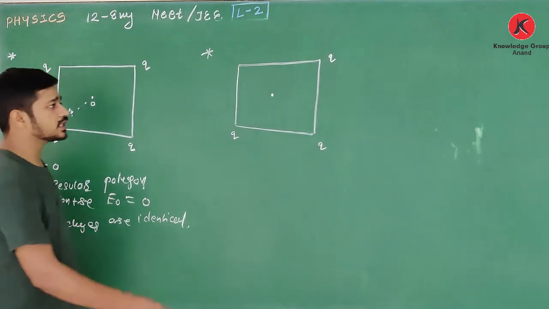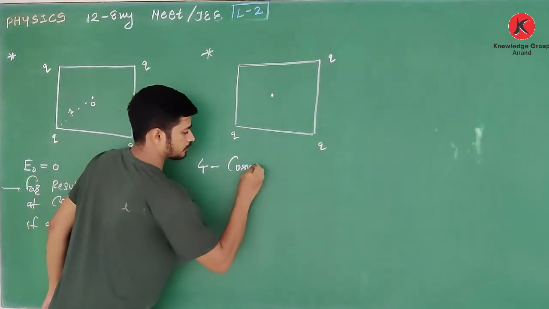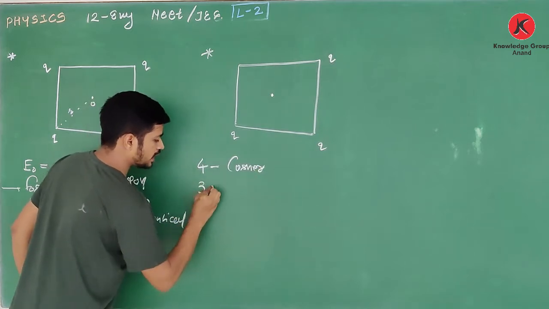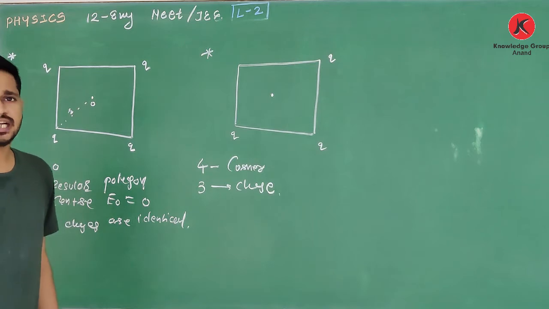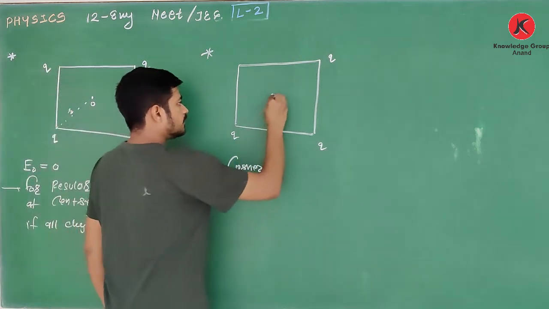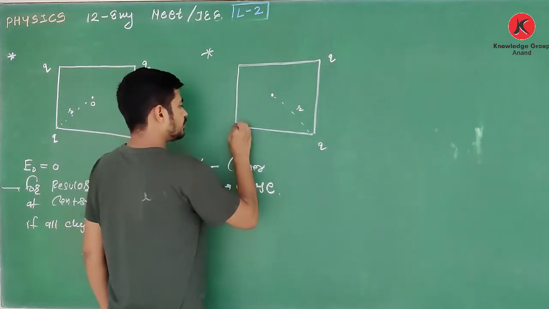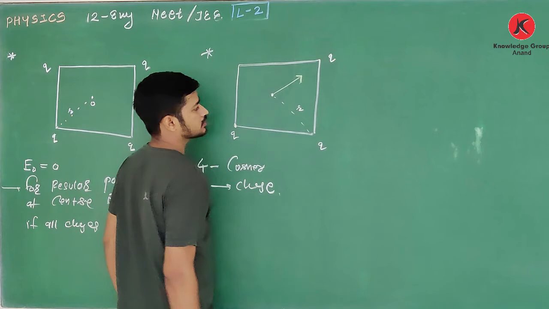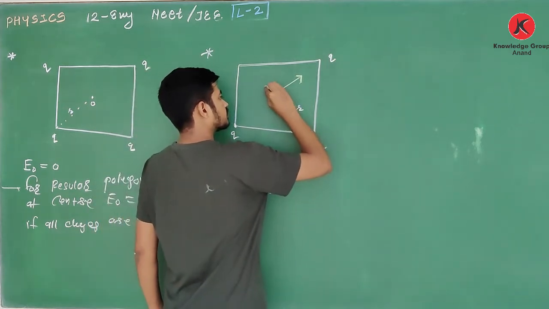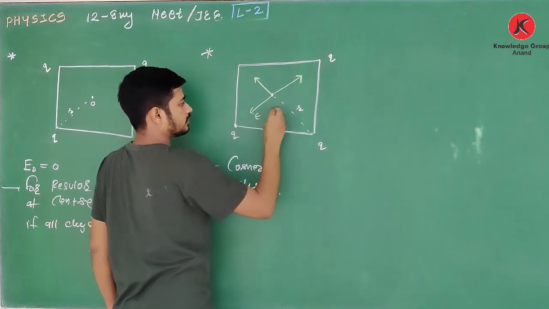Okay, but if you are given a square, means 4 corners, but only on 3 corners charges are placed, then what is the resultant electric field? If the center to corner distances are equal, see, due to this, what is the electric field? In this direction. Due to this, in this direction. Due to this, in this direction. Yes or no?